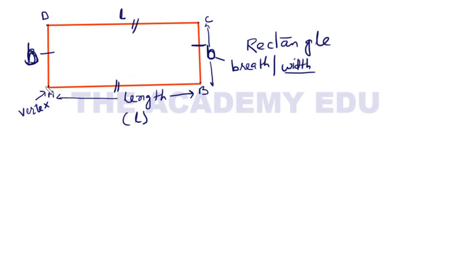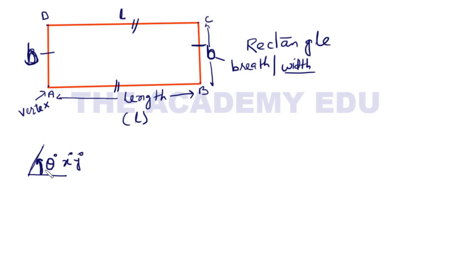Now the angle between these two sides, what is angle? See, when there is a line here and there is a line here, then we measure its inclination, and that is called angle. And angle is represented by theta. Sometimes we also represent it by theta degree, x degree, y degree.